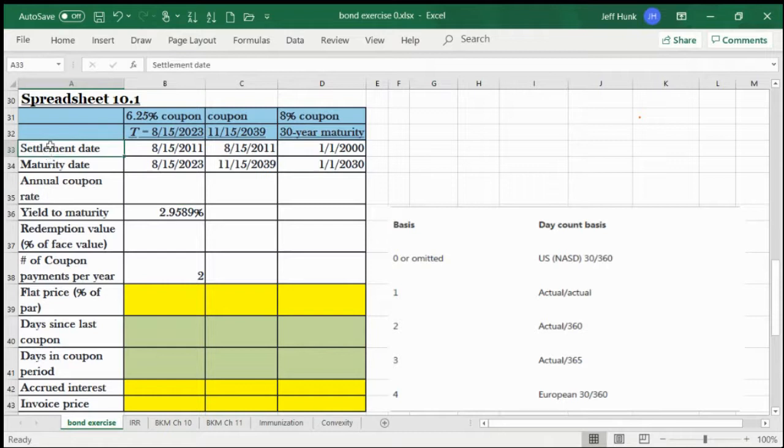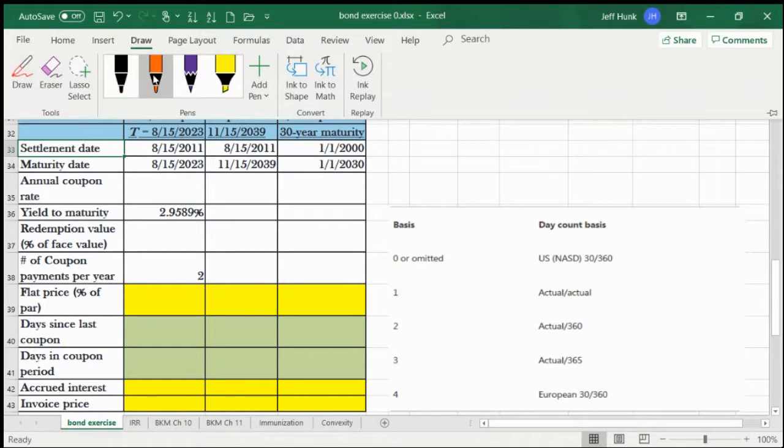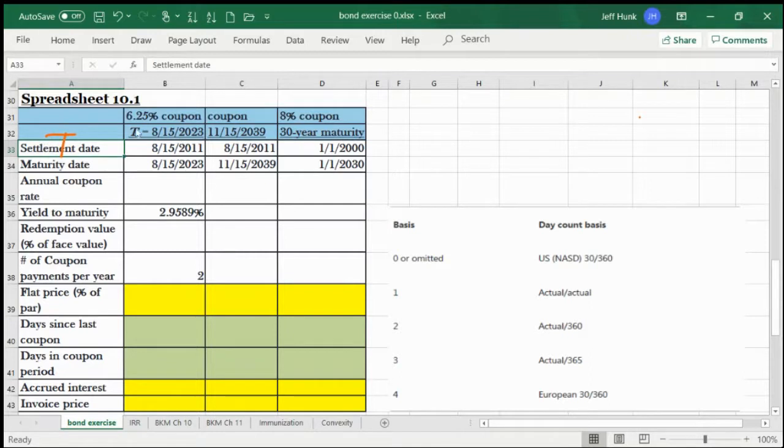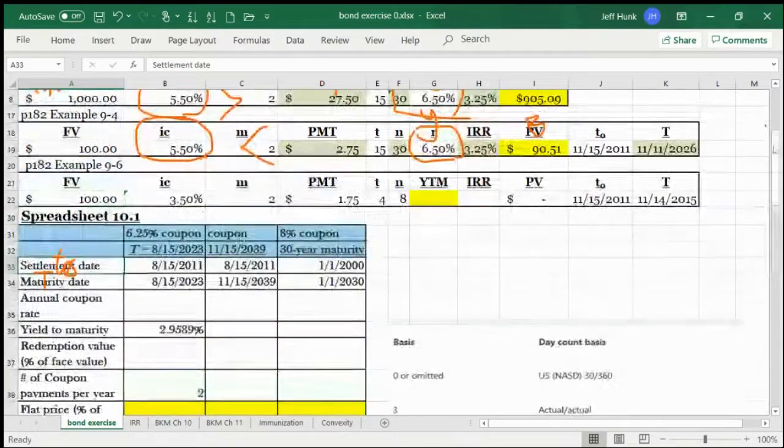I would just put uppercase T. Actually, it's not uppercase T for settlement date, but time T0. And maturity date, this is the uppercase T. So it's pretty much like this problem, right?